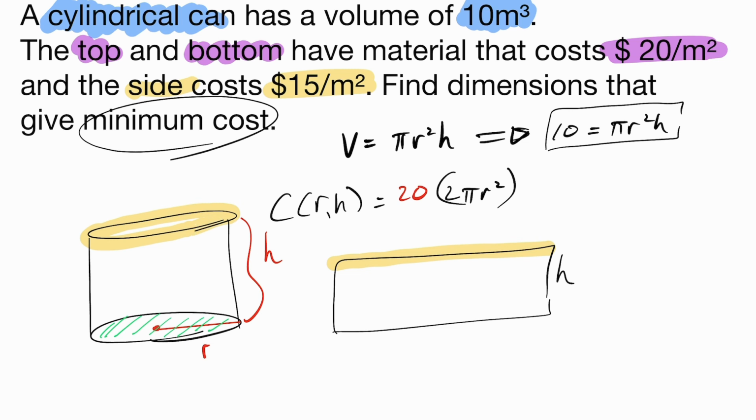So again, if you visualize unraveling, and you can even get a piece of paper yourself and check it out, this length from here to here is your circumference, which, as you know, is 2 pi r. So therefore, the area of the side is going to be 2 pi r h. And again, multiplying by the cost for the sides is 15. So now I have my cost function.